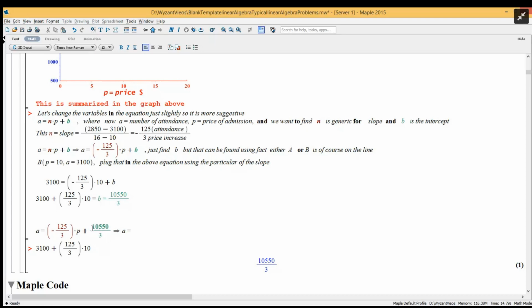Now, the significance of b is that as the price gets closer and closer to zero, the attendance is going to be 10550 over 3.